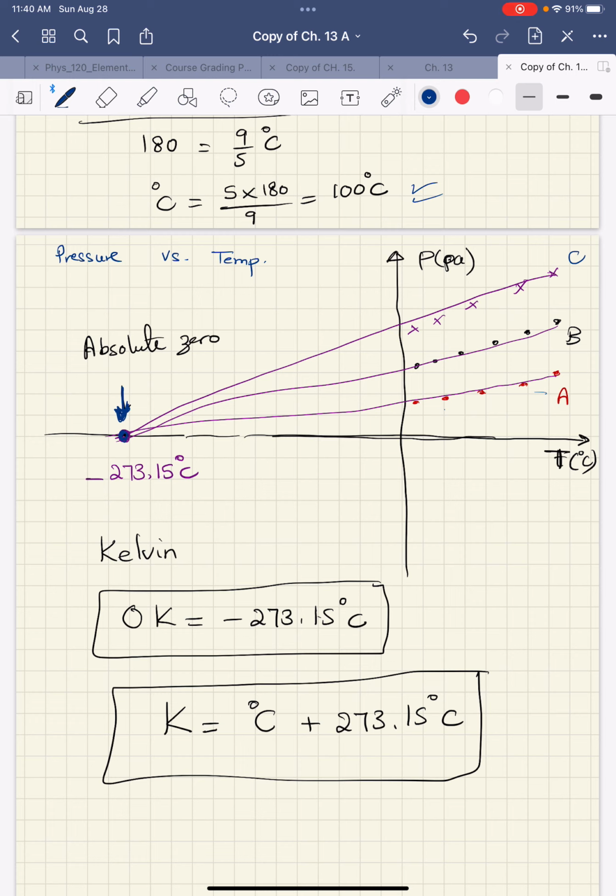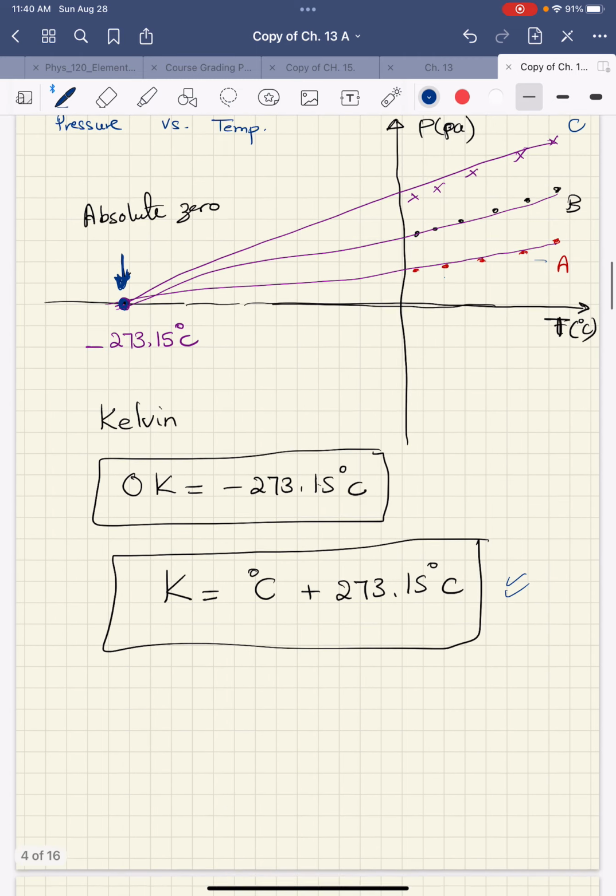Kelvin has what is called absolute zero, and absolute zero occurs at negative 273.15 degrees Celsius. To convert between Celsius and Kelvin, we say K equals Celsius plus 273.15, or sometimes we make it easier by saying only 273.